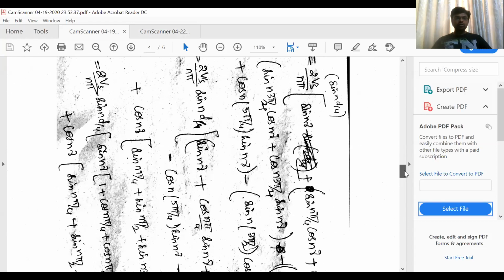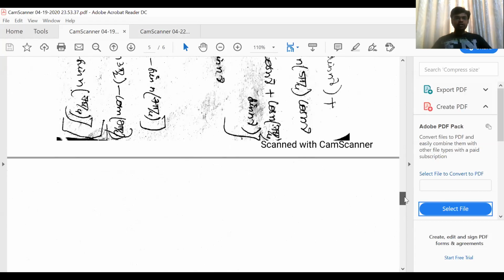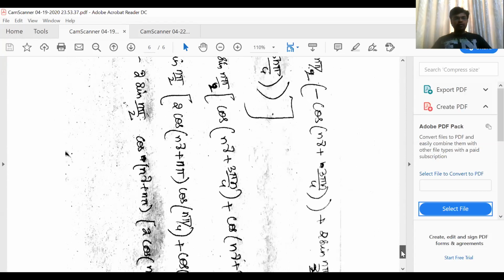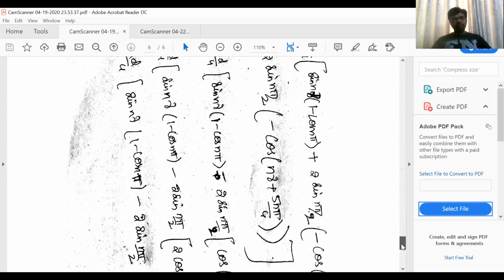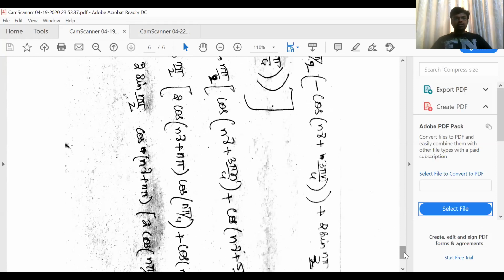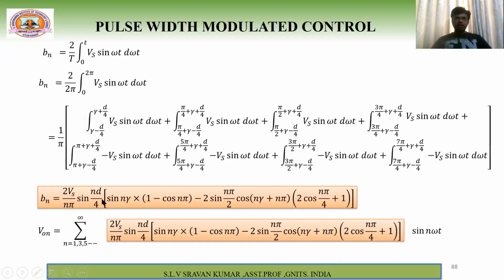One of my students also helped me derive this equation, and finally we got this: the final equation is 2Vs by n pi, sine of nd by 4, sine of n gamma, times 1 minus cos n pi. The same thing I have represented here. So this is Vm sine omega t.